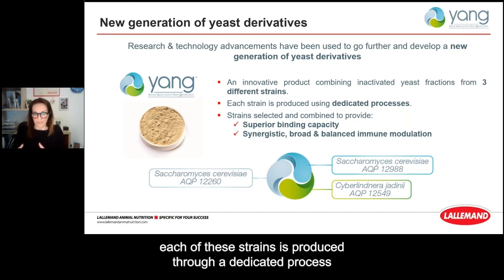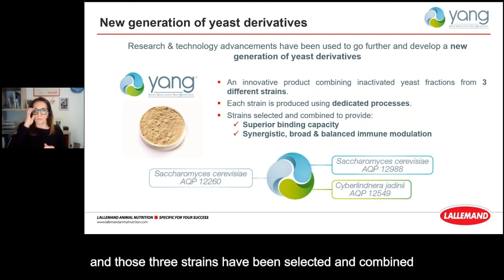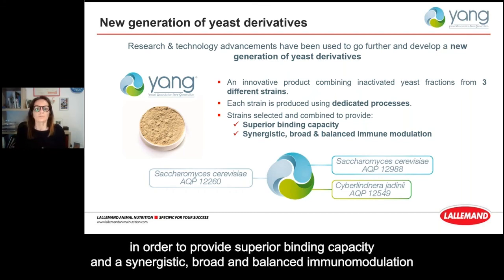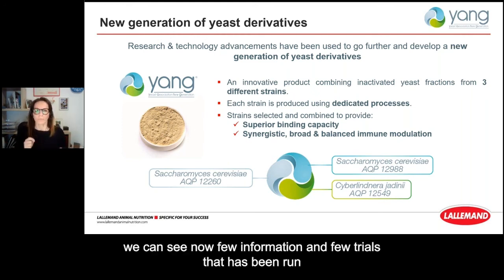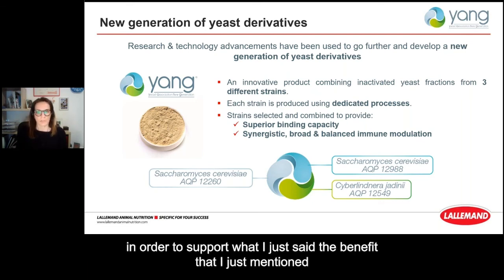Each of these strains is produced through a dedicated process, and those 3 strains have been selected and combined in order to provide superior binding capacity and a synergistic, broad and balanced immunomodulation. We can now see a few pieces of information and a few trials that have been run in order to support the benefits that I just mentioned.